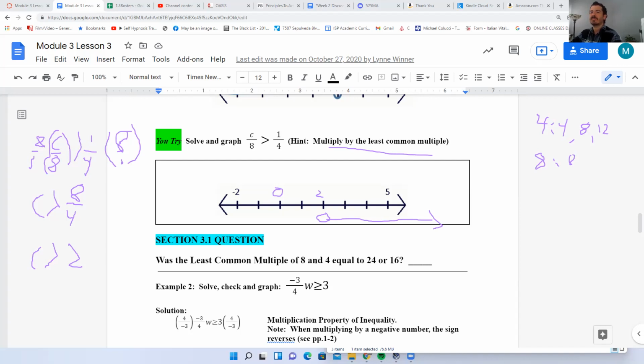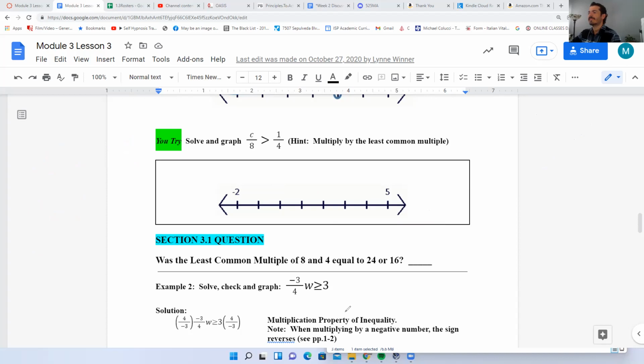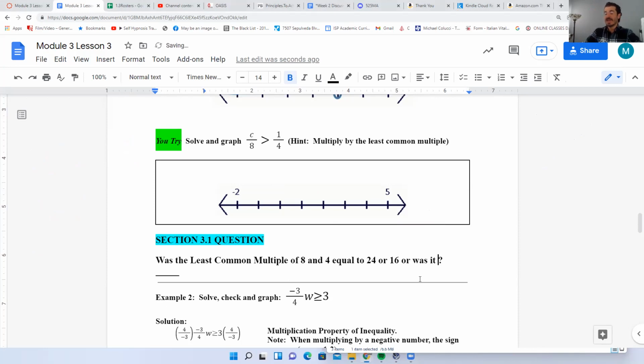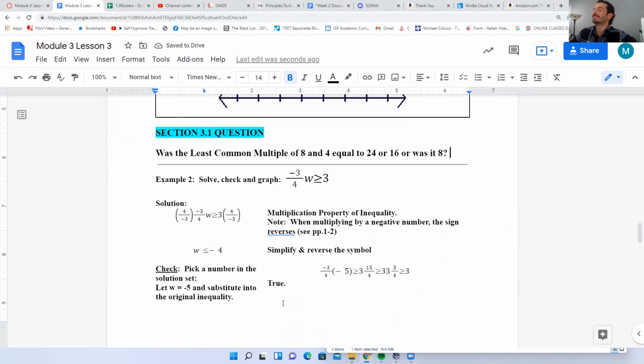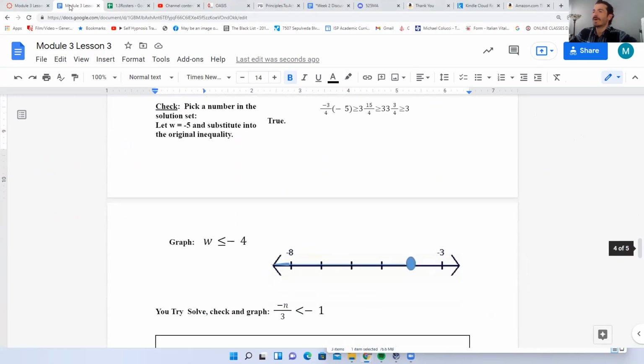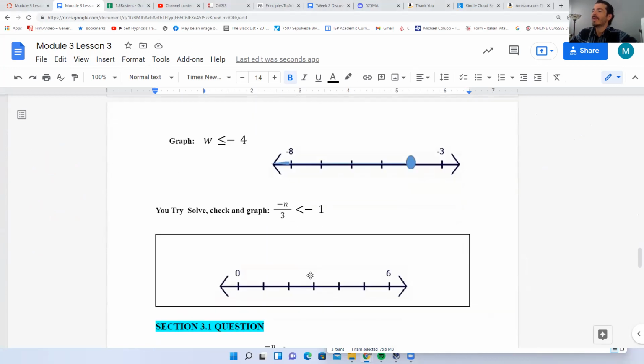I don't know. You can leave that one blank. Or you know what? I'm just going to write it in. I'm a teacher and I'm allowed. Or was it 8? Okay, so you can do with that what you will. That's why I didn't make a copy and I edited, so I can make these changes as we go.